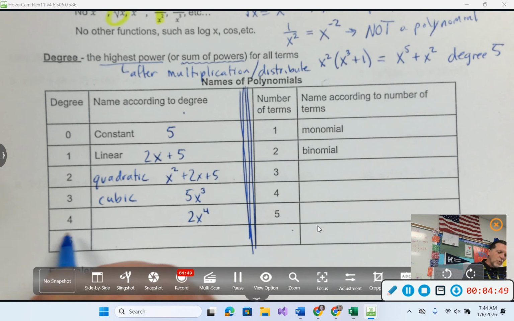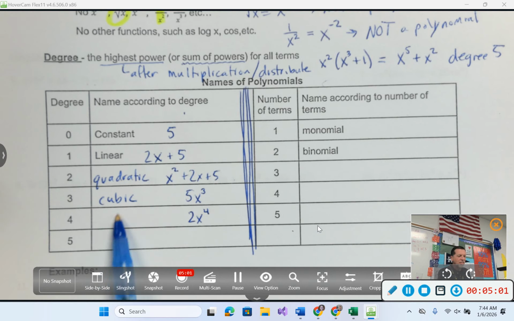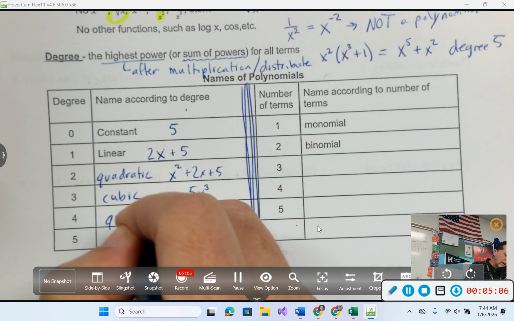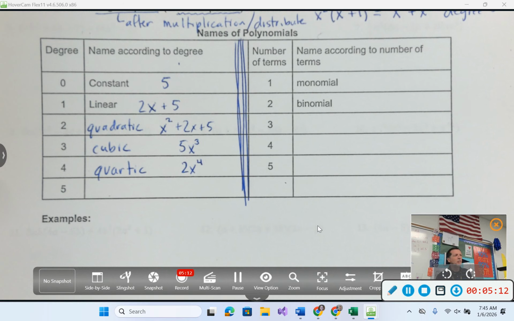It starts with a word that means 4. Oh, those are good guesses. So quad means 4. Tetra sometimes means 4. Your chemistry throwing in here. It's actually easier than that, but a quarter means 4, so this is a quartic. Well, those were good guesses, though, using your prefix knowledge there.